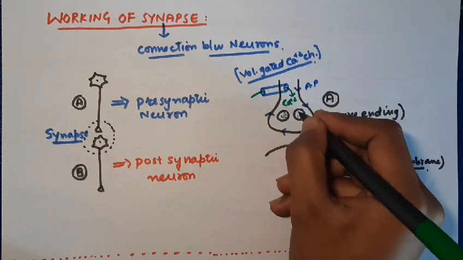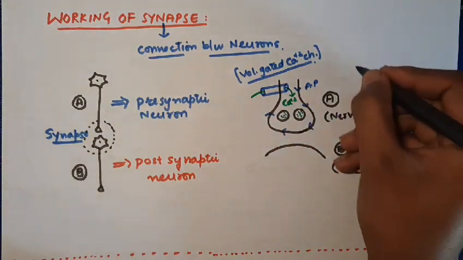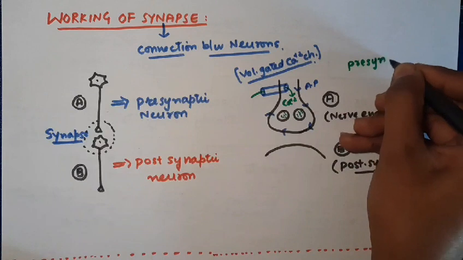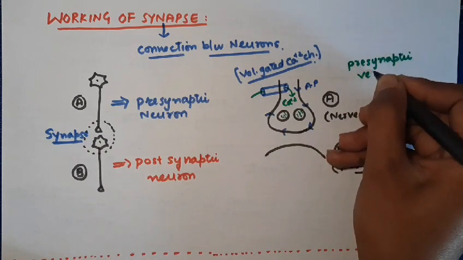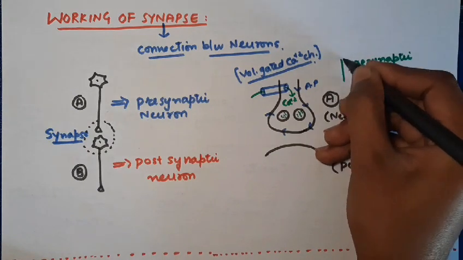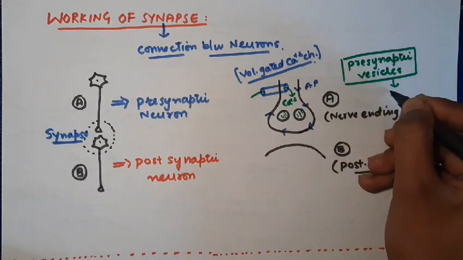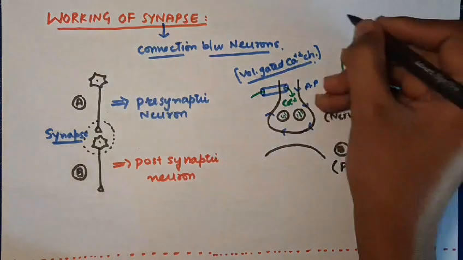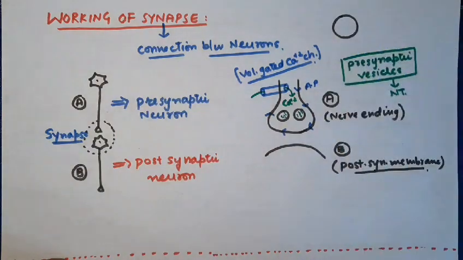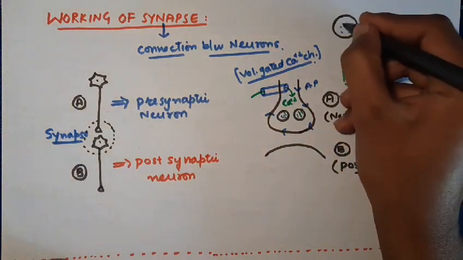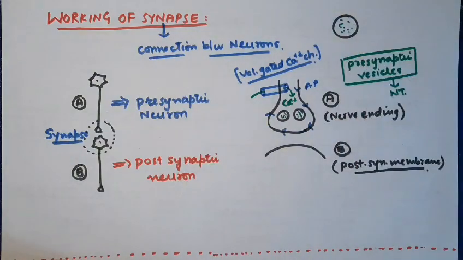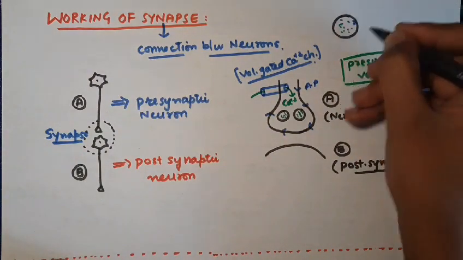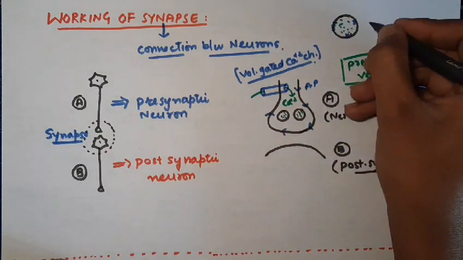As we all know, neurotransmitter is present in the presynaptic nerve in vesicles called presynaptic vesicles. So we have presynaptic vesicles, and these vesicles contain neurotransmitter. Now if we take a look at this presynaptic vesicle separately here, it contains neurotransmitter, and in the membrane of this vesicle certain proteins are present which are contractile in nature.